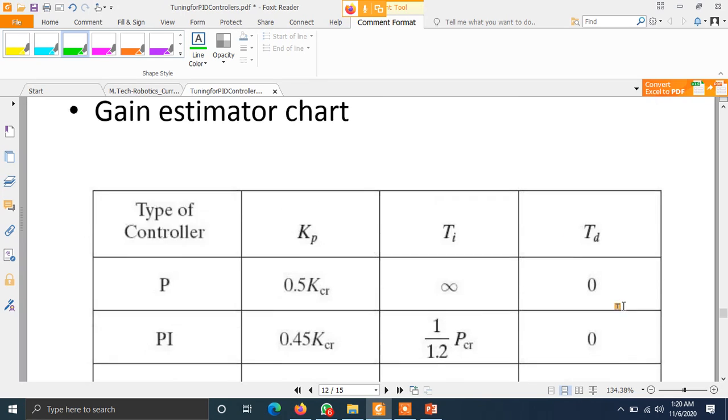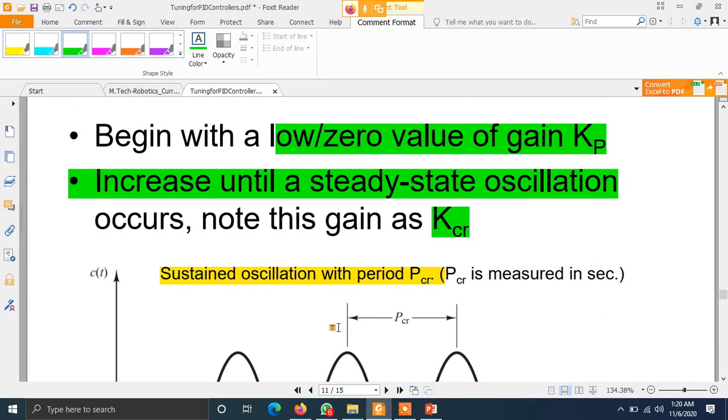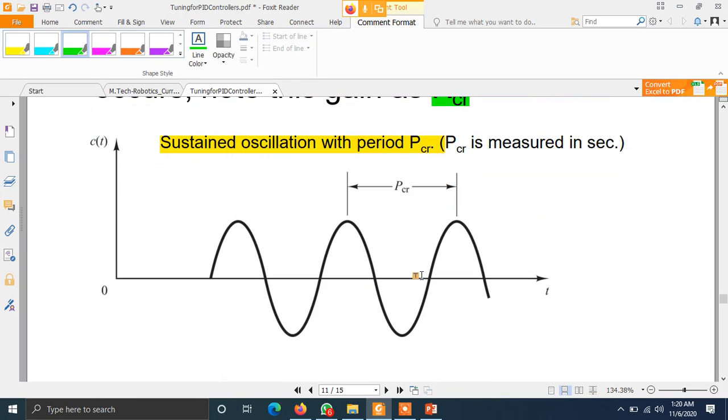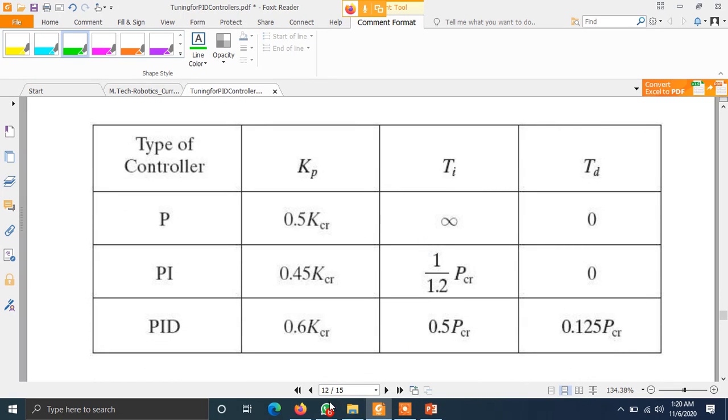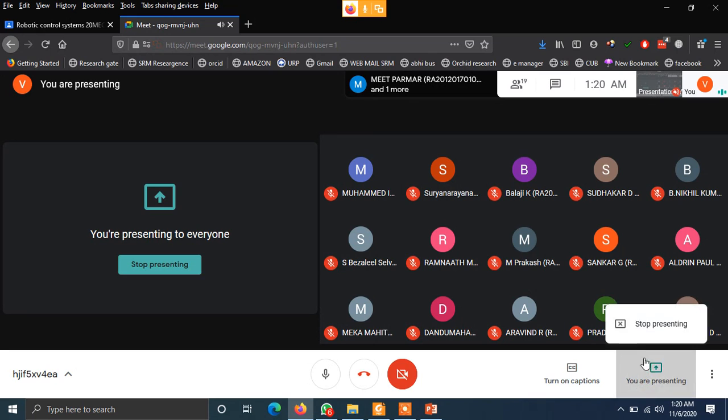From an examination point of view, you will be given these two things, and maybe in certain cases a diagram also. Be careful with this. Can we solve one numerical on this? We will solve one numerical.